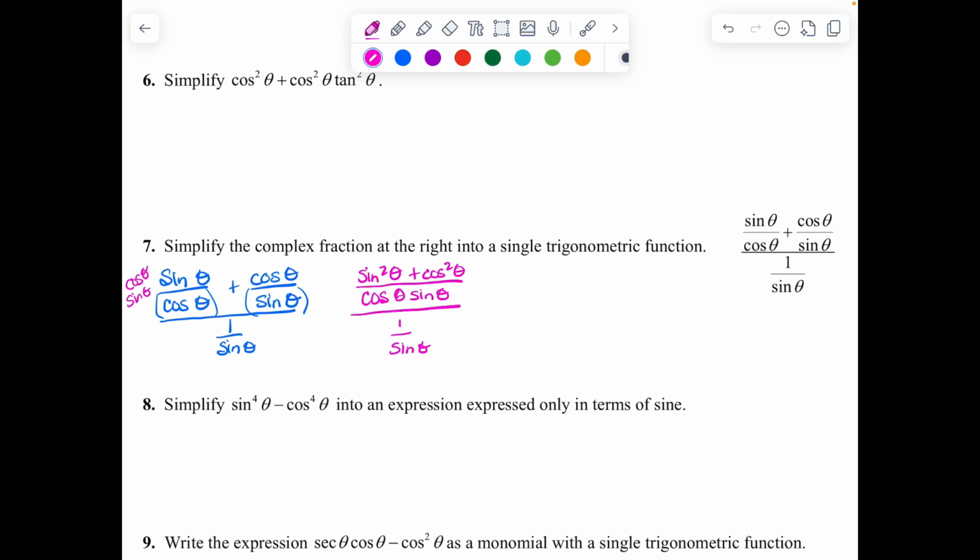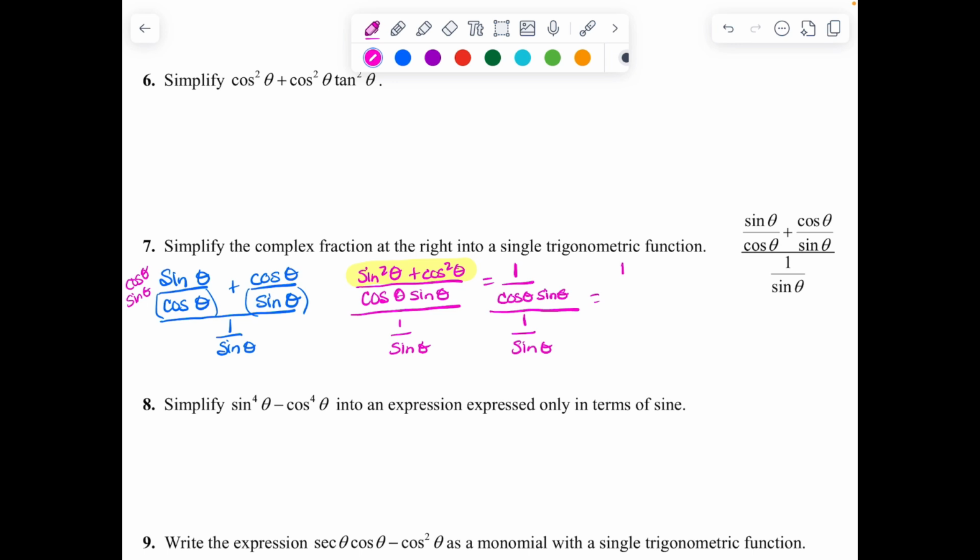The reason we do this is because we want to be able to simplify these pieces further. If we look at just this top piece, sine squared theta plus cosine squared theta, and you use your trig identities, you know that this equals 1. Then we still have cosine theta sine theta, all over 1 over sine theta. So we've gotten it down a little bit. Now we're going to set this up as multiplication.